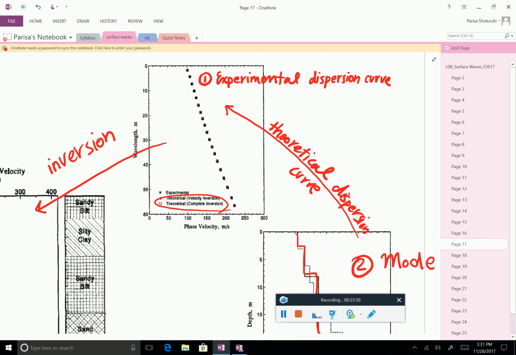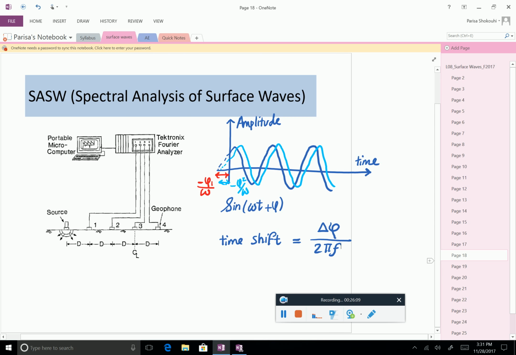Basically, imagine you have two receivers, and you want to see at each frequency what would be the time shift between them. Well, it's not too hard.